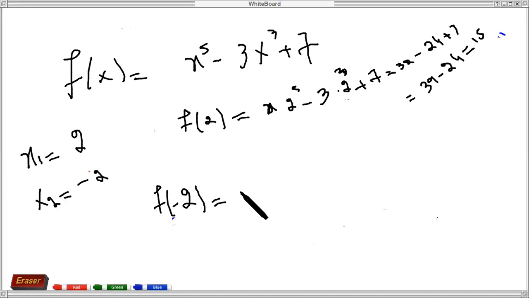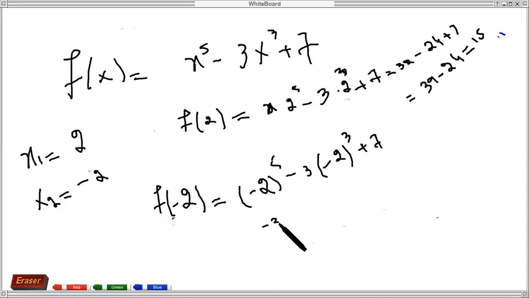So f of minus 2, we have minus 2 power 5 minus 3 times minus 2 power 3, plus 7. So this one equals minus 32. Then minus 2 power 3 equals minus 8. Minus 8 multiplied with minus 3 equals plus 24, and last one is 7.